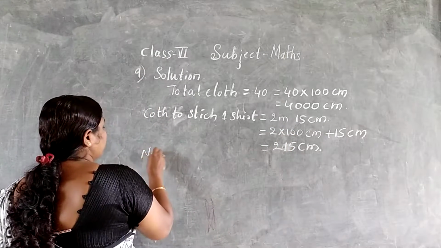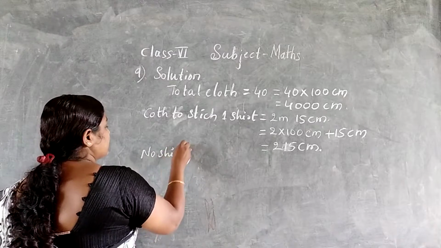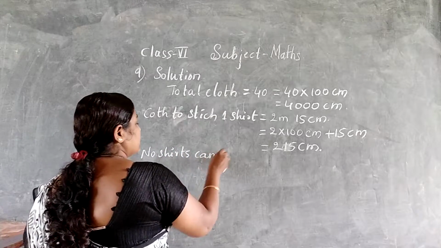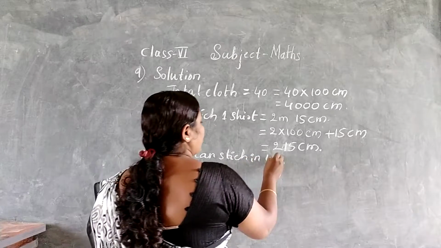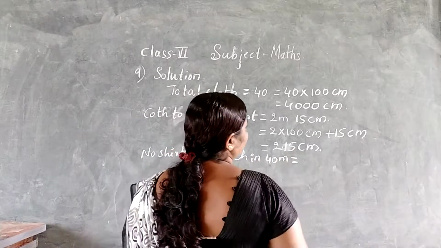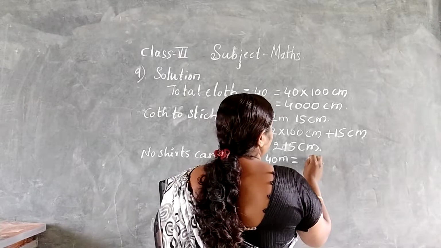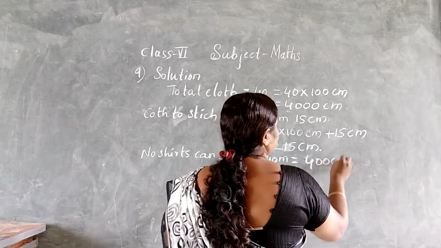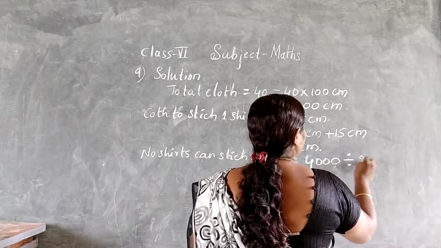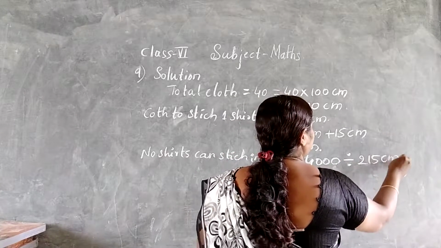Now, the number of shirts that can be stitched in 40 meter is equal to 4000 divided by 215 centimeter.